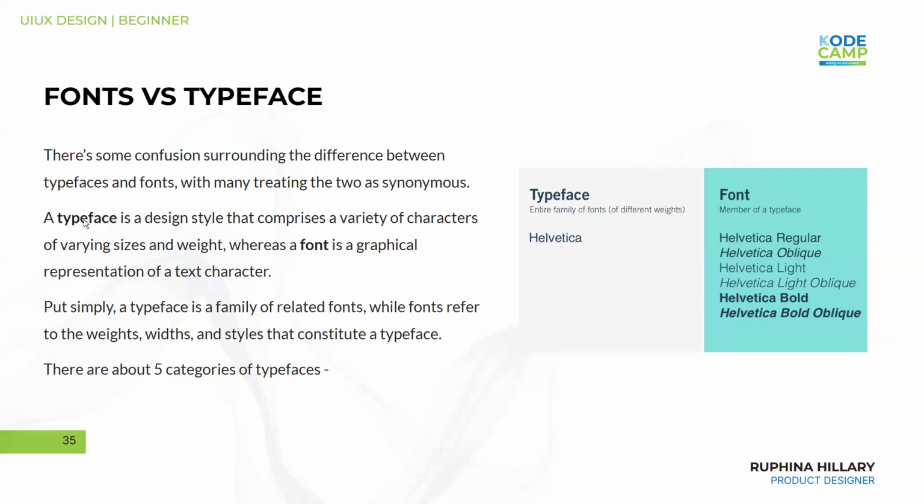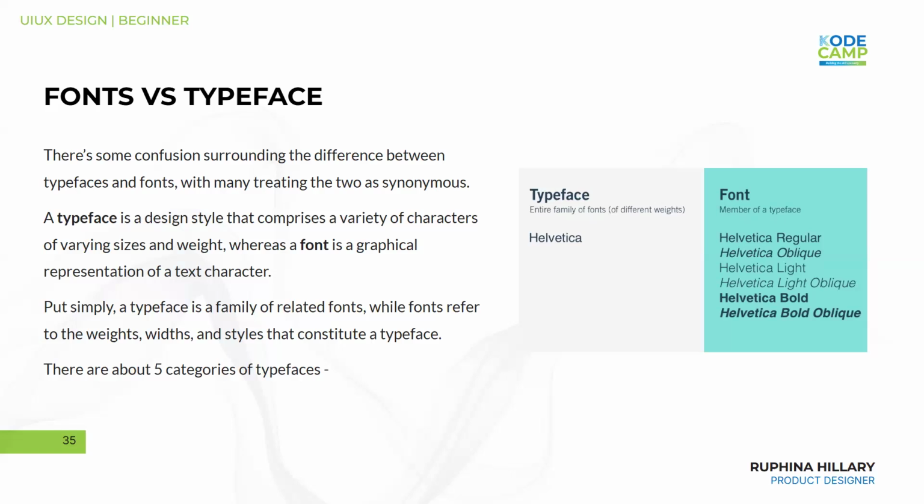So when we start specifically stating the thickness or the weight of our typefaces, we're not talking about typefaces, we're talking about fonts. Fonts are the specific width, the specific weight, and specific styles that constitute a typeface.